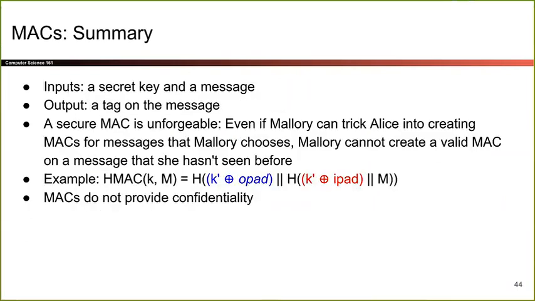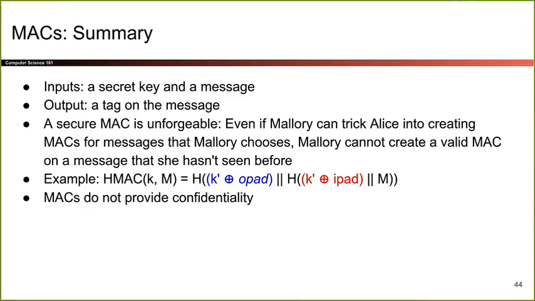Then we talked about MACs. MACs are really just hashes, but you throw in an extra key for integrity. So the input is a message and a secret key, and the message can be as long as you want. The output is a fixed length tag, the same length every time. The MAC is also deterministic. So if I MAC the same thing twice, I get the same output. And the way to check it is Alice attaches the MAC, and then Bob just recomputes the MAC and checks that it matches.